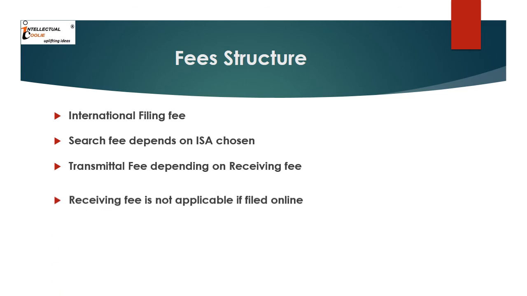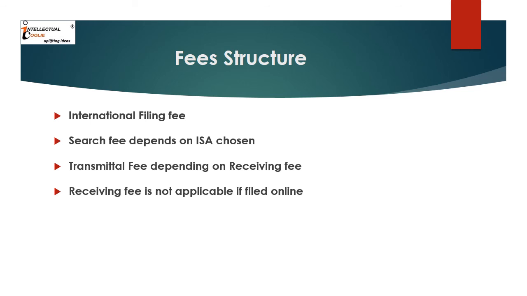But if you are filing an e-application, that is online electronic filing, then the transmittal fee is not applicable, because that is done online. They are not sending any post or courier to transmit your application or documents to the PCT. So, there is no fee, but in case you file an offline application, there will be a transmittal fee involved.